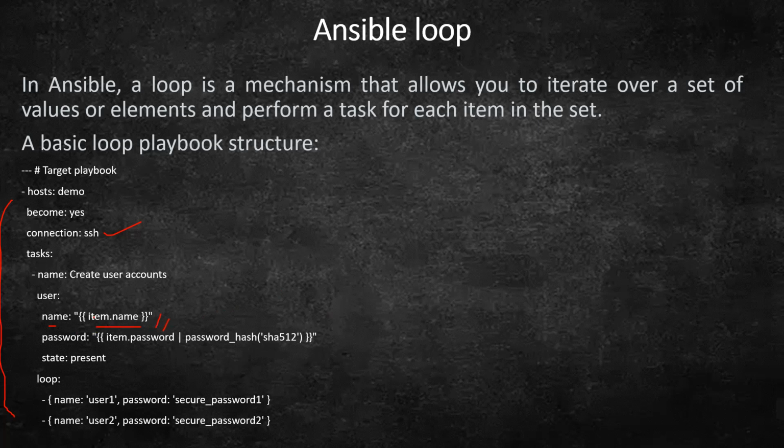Inside the template, first is the name, item.name. And mention the password also, like item.pass piped through password_hash, which is an encryption. And the state is present, which means it will create a user.